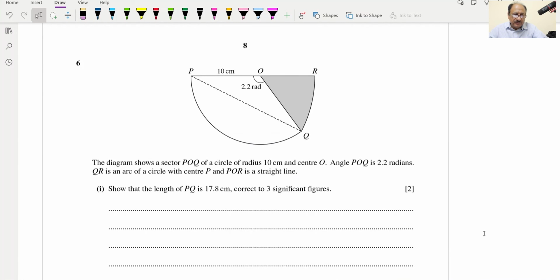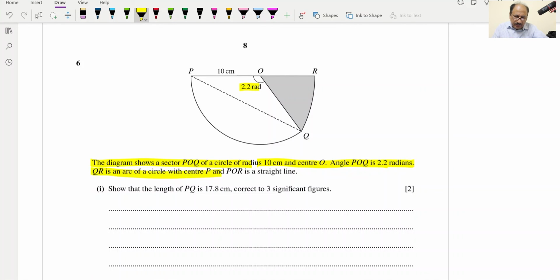Question number 6 is: the diagram shows a sector POQ of a circle of radius 10 centimeters and center O. Angle POQ is 2.2 radians. This is 2.2 radians.